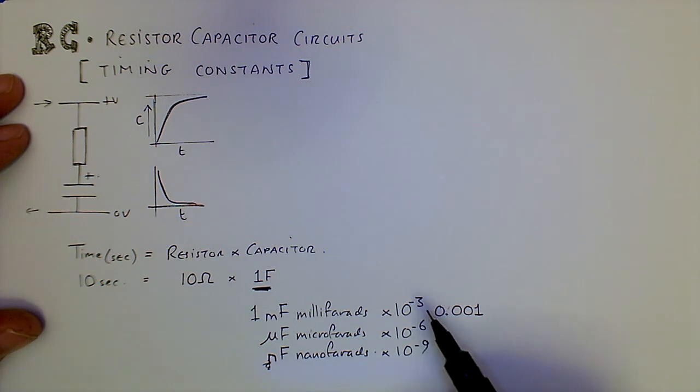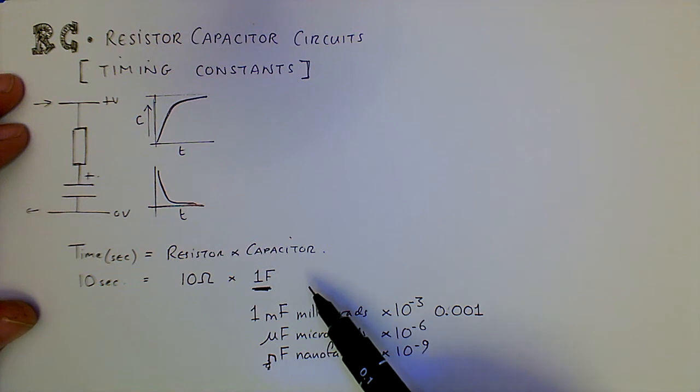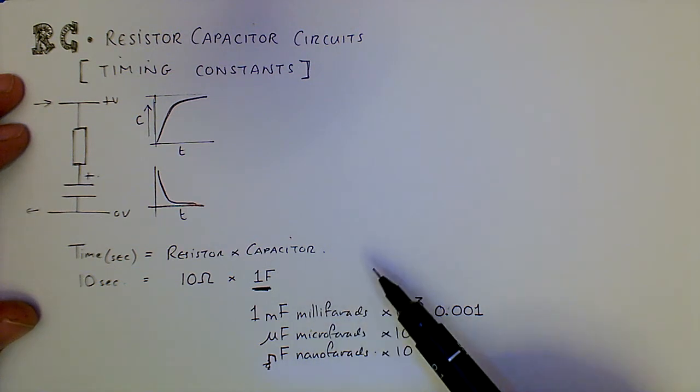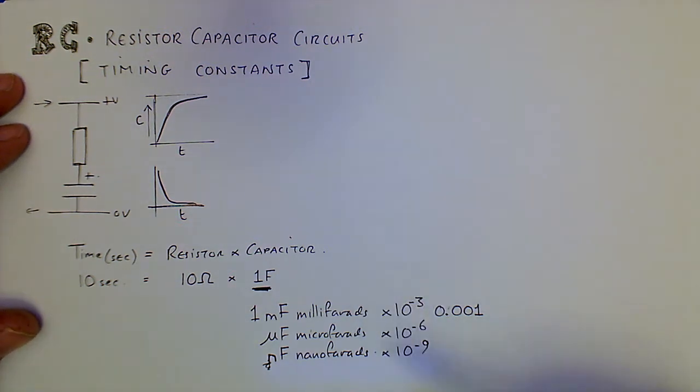In engineering we very much like this, minus 3, minus 6, minus 9. We use this notation a lot, and we often have what we call prefixes: milli, micro, nano, and for numbers larger than 1, we would go for kilo, mega, and giga. We'll be talking about those a little bit later on as well.